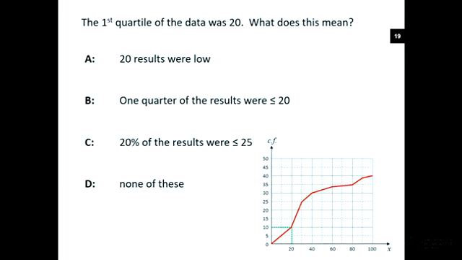Now, what is the meaning of that? The first quartile of the data in the question just then was 20. What does it mean? Does it mean 20 results were low, 1/4 of the results were less than or equal to 20, 20% of the results were less than 25, or none of them? Does any of them make sense? Remember, these quartiles are all just about splitting the data. Here's small cow to big cow.